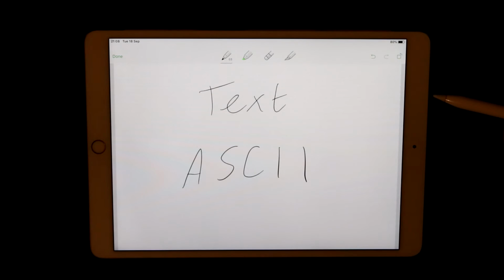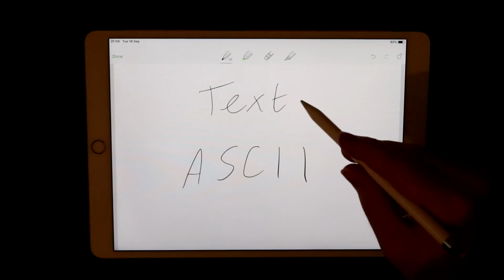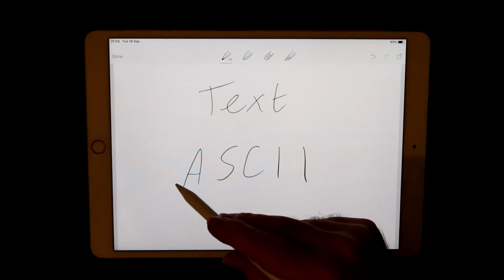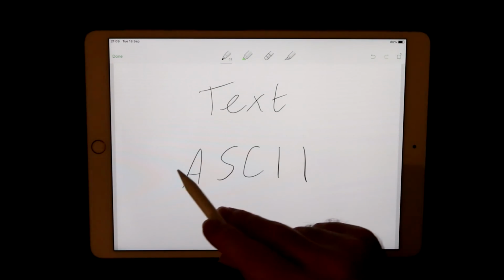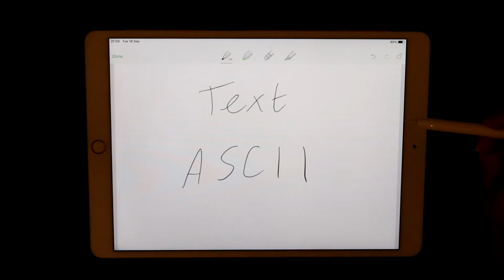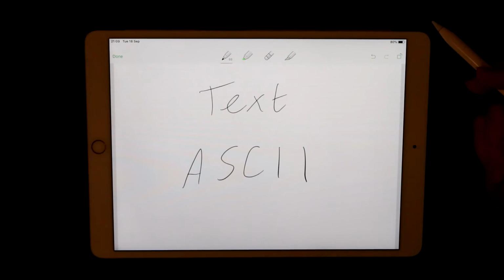There are some special characters that aren't used so much anymore, but some frequent ones, for example, are when you go from one line to a new line, that is actually an ASCII character called the Newline Character.